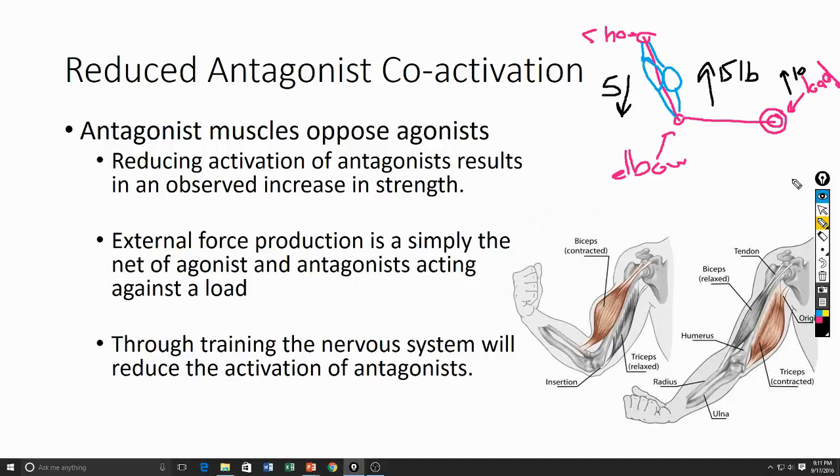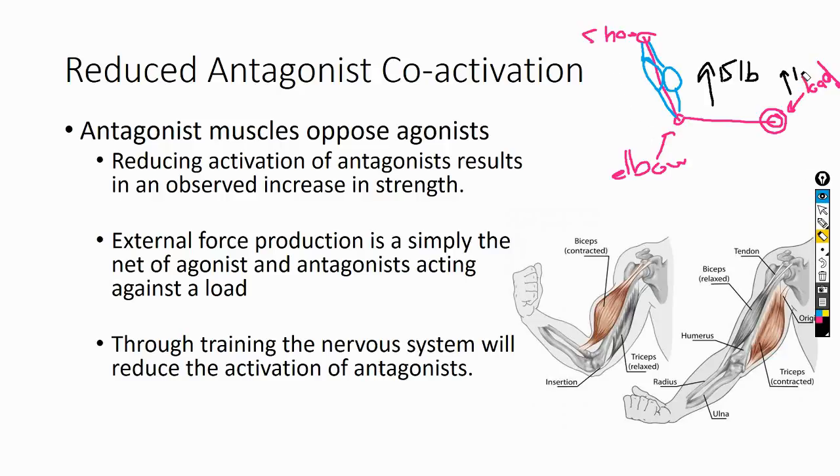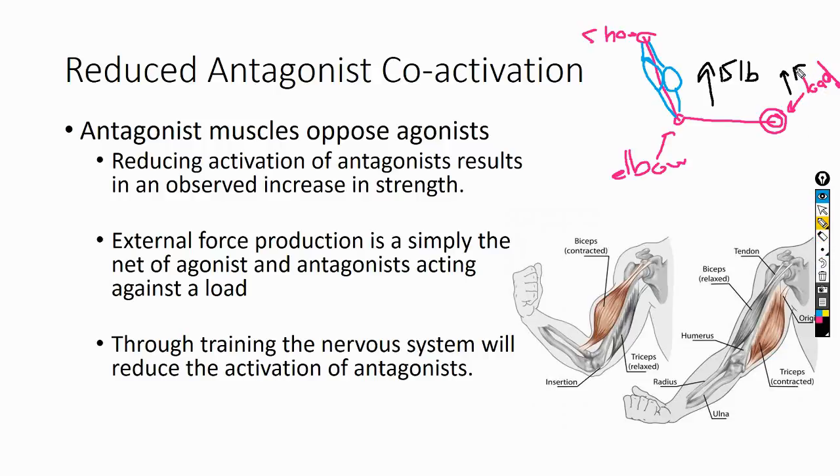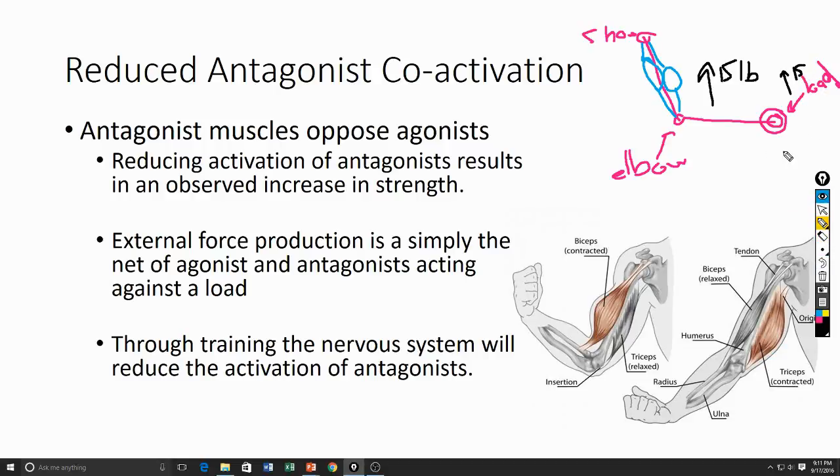So as I become more coordinated, and maybe I stop having as much activation of that antagonist, then my net ability to produce force is 15. Does that make sense? Because this bicep hasn't really gotten stronger. All that's happened is I'm no longer activating my tricep.